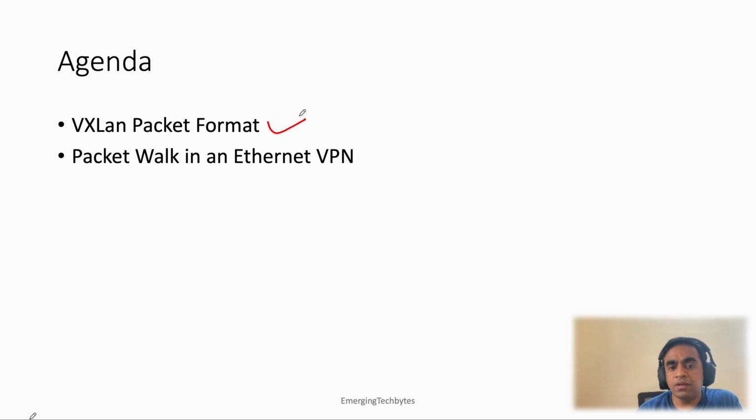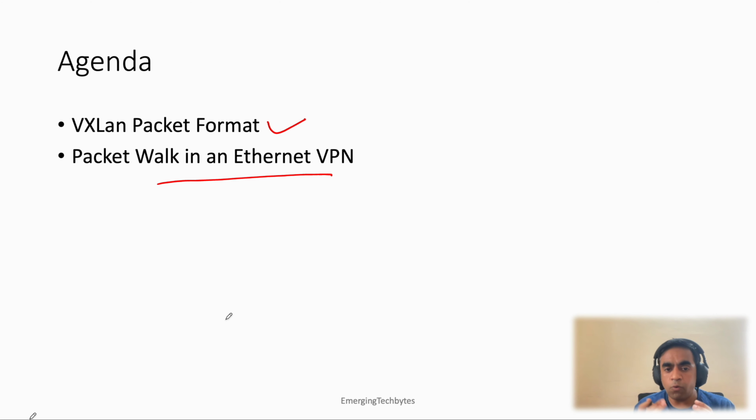And then we will cover a packet walk in an Ethernet VPN network. And I will show you, with some animation, how the VXLAN packets get added to our original layer 2 packet.